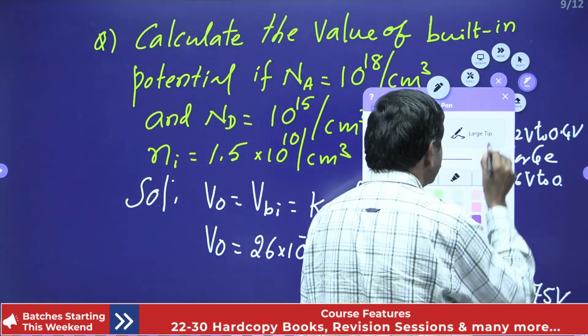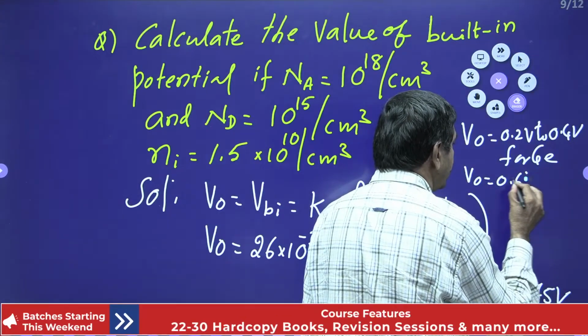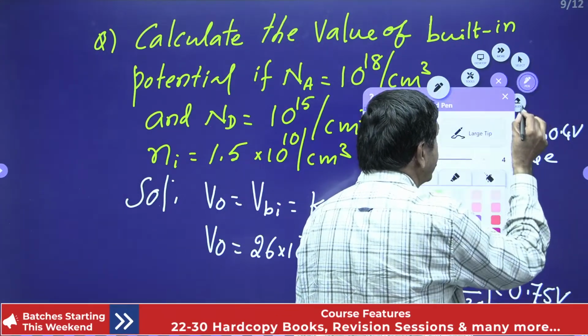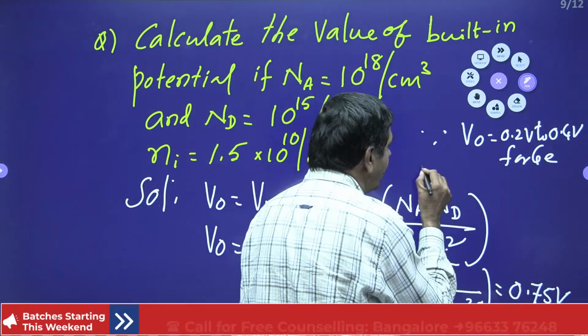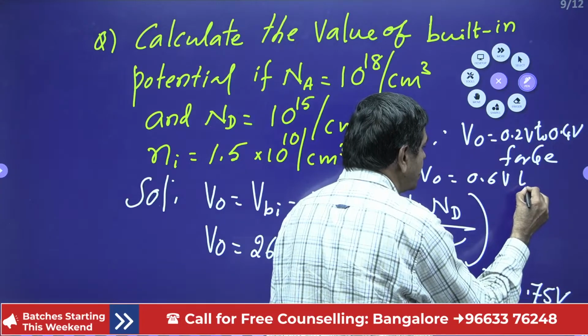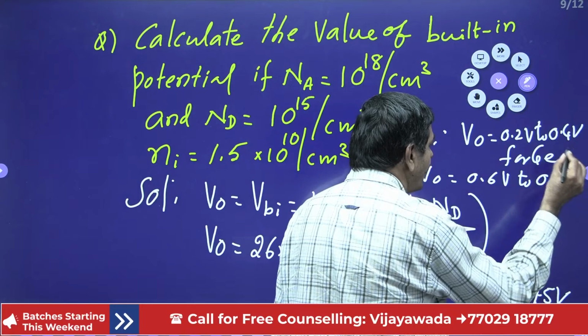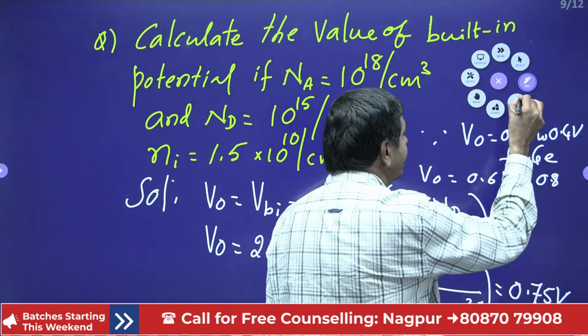Sorry, I'm writing it clearly here now. The V0 value will be 0.6 volts to 0.8 volts.